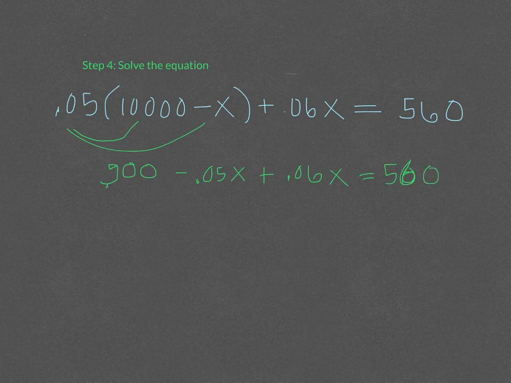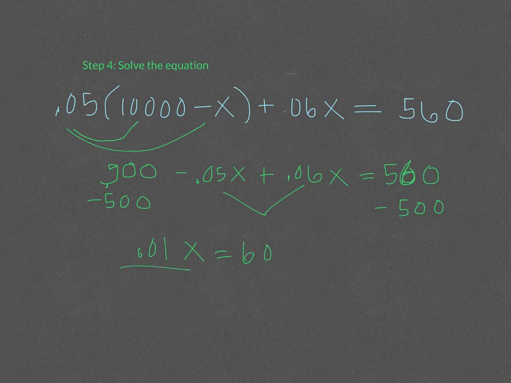Okay, and then we'll combine like terms, so let's subtract the 500 over, and let's combine these two together. 0.06 minus 0.05 is 0.01x equals 60.